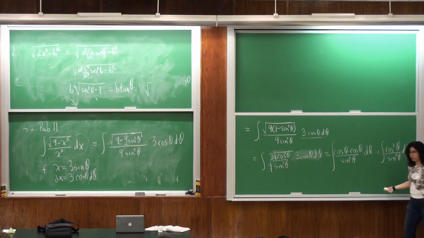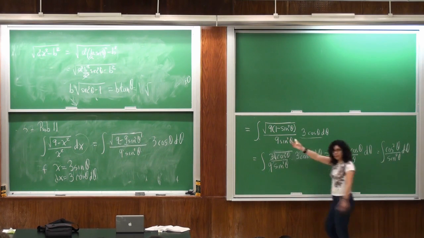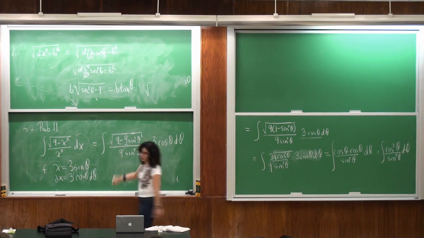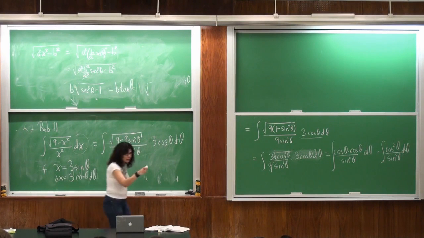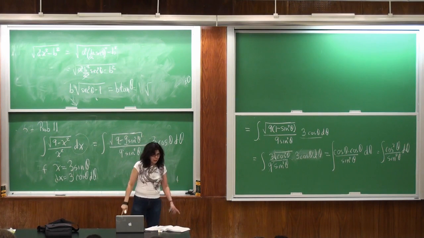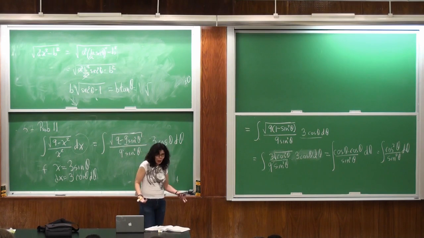Okay, my friends, what is the deal with cotangent? What is cotangent square equal to? Negative cosine? No, forget it.